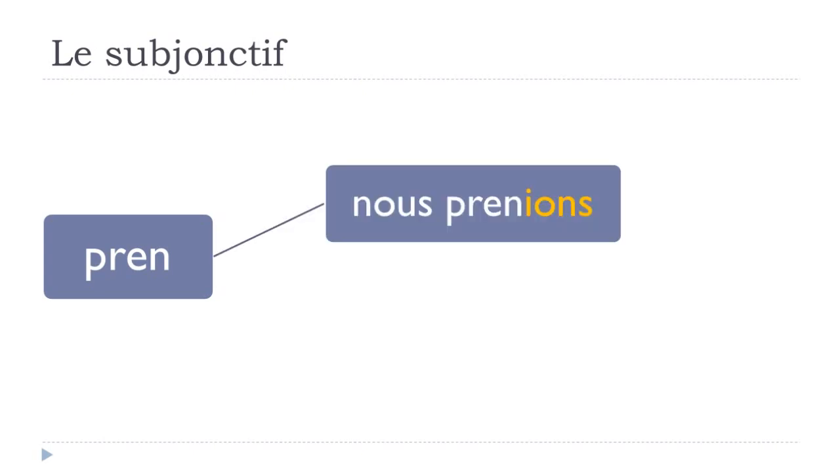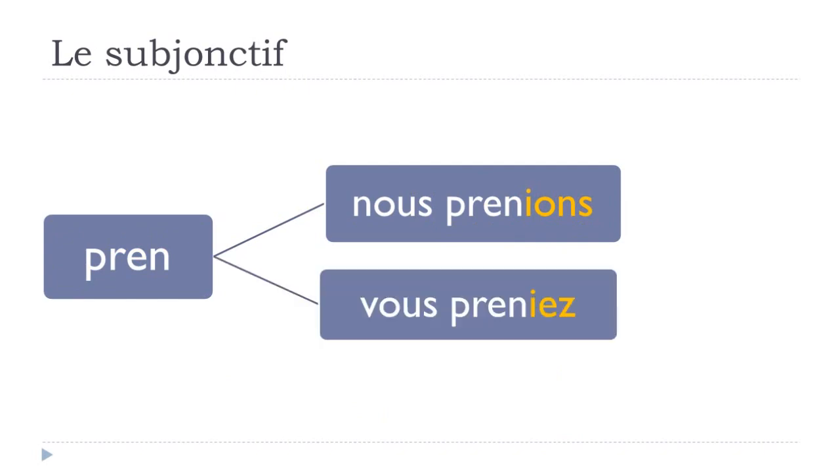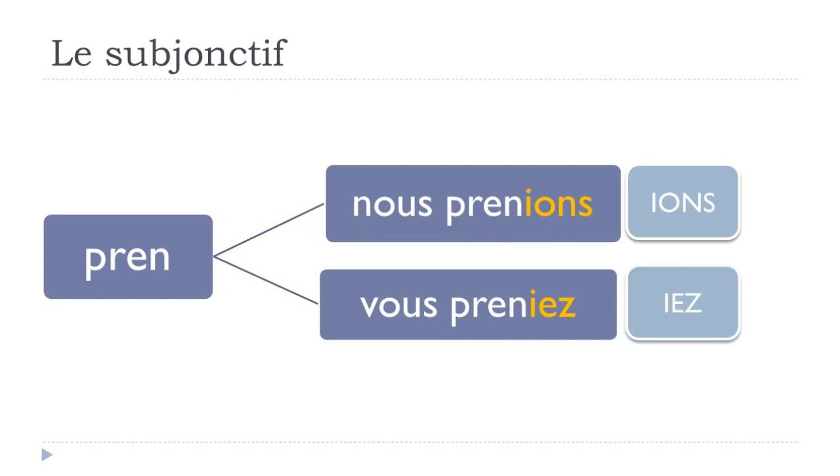And so, in that case, we'll take this first part here, we put it here, and we put the ending I-O-N-S, ions. And the ending for vous is iez. So we get nous prenions, vous preniez. All right? So if we think carefully, ending I-O-N-S for nous, I-E-Z for vous.